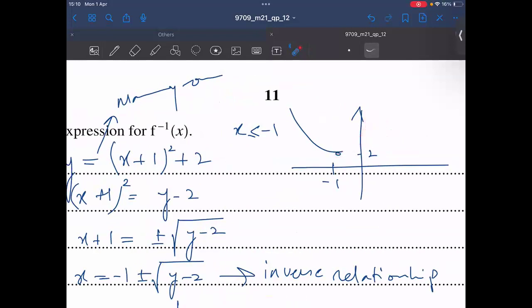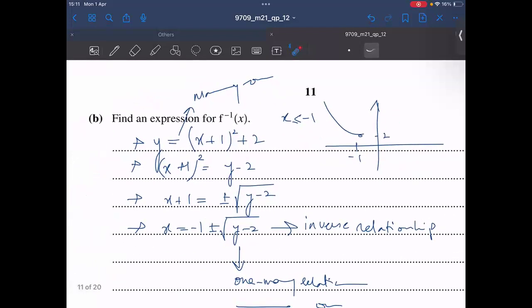For this portion of the curve, for each input value you're going to have only one output value. So only this section of the curve is representing a one-to-one relationship.